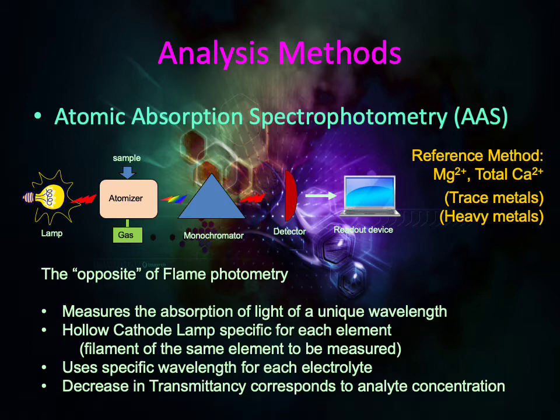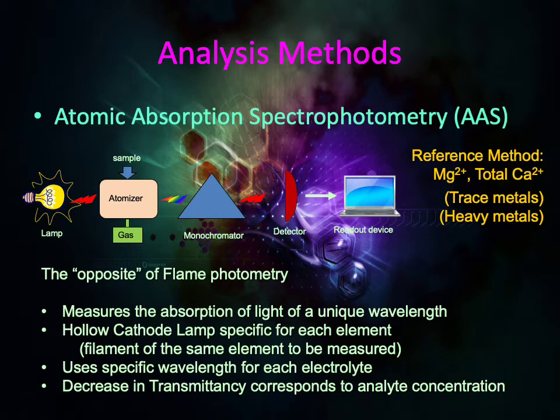In this ionized state, the magnesium ions will absorb light produced from a hollow cathode lamp, whose filament is pure magnesium. The amount of light not absorbed by the ionized magnesium in the sample then passes through a monochromator that selects for the wavelength specific for magnesium.